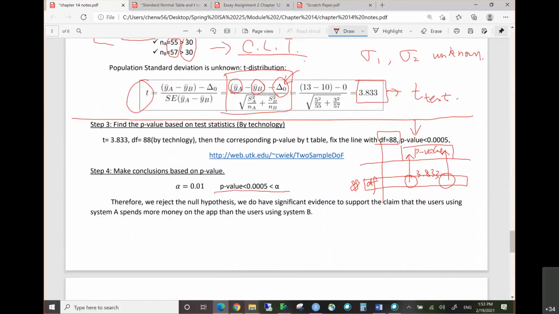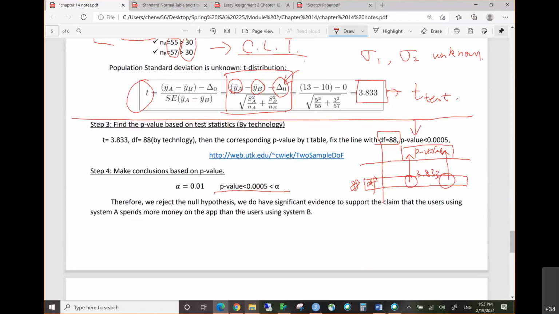And since our alpha is given by 0.01, since your p-value is already less than 0.0005, of course it is less than 0.01. Right? So now we know p-value is less than alpha. It means we reject the null hypothesis, right?